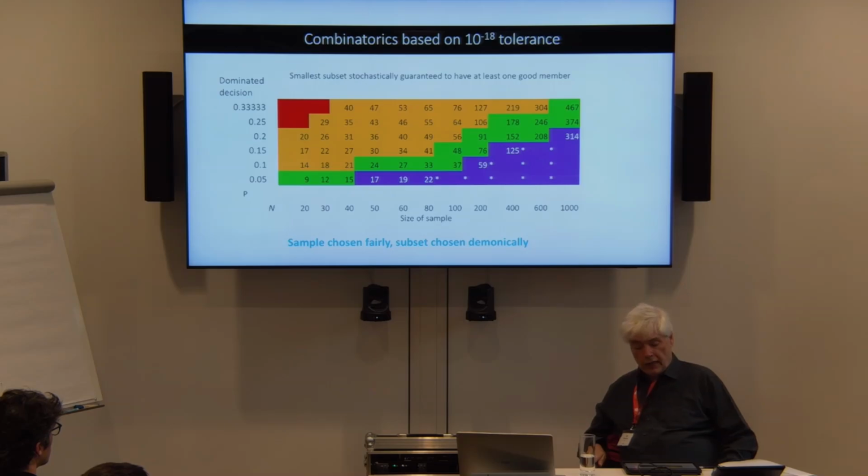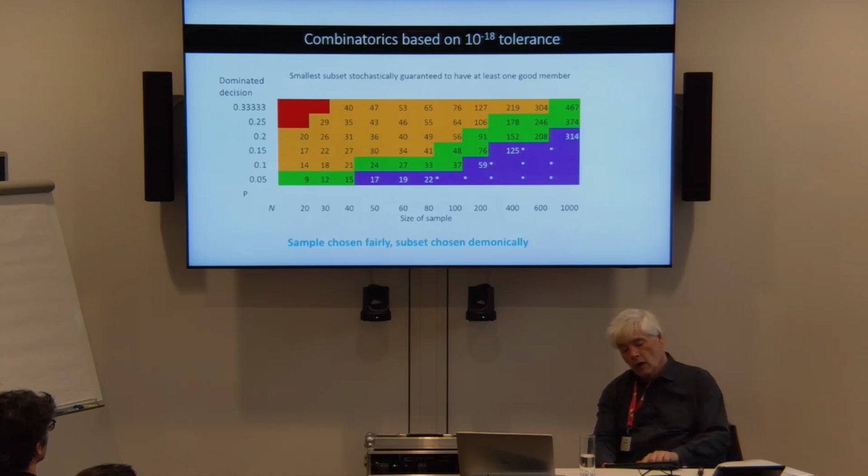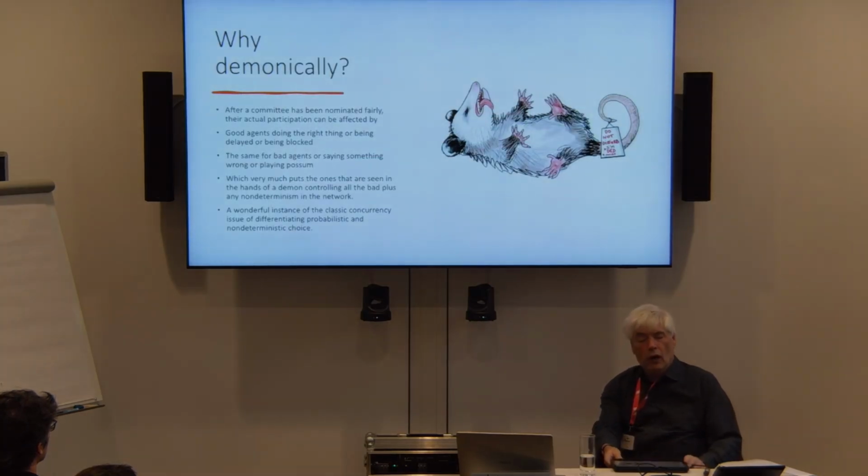I've done this once using an actual computer implementation of the binomial distribution function, and I've done it using the central limit theorem. They do sometimes produce very different results, but of course they're always very similar. So why demonically? This is the slide I like.